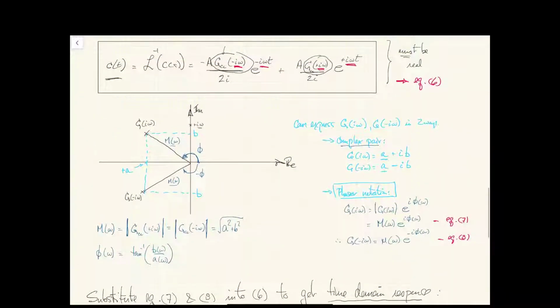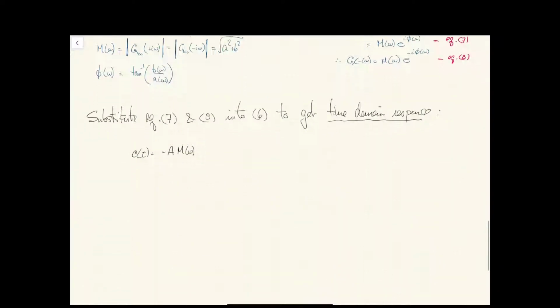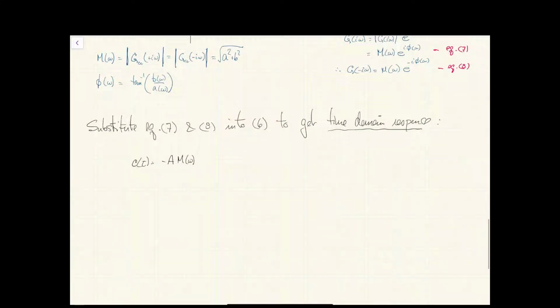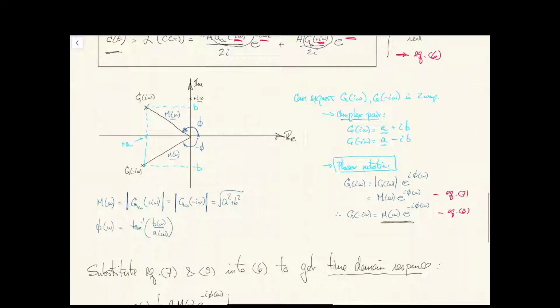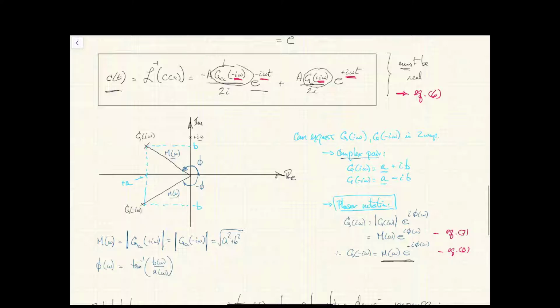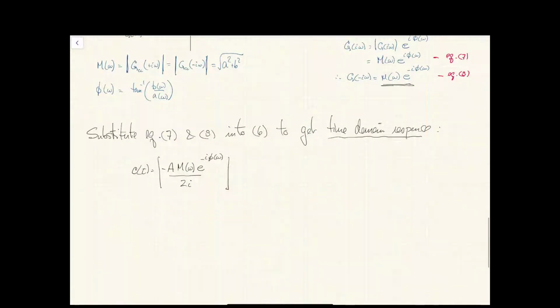Sorry, not plus, but minus, right? Yeah, it's minus. The first one's minus. At minus I omega, which is this. So e to the minus I phi of omega divided by 2I multiplied by e to the minus I omega t.